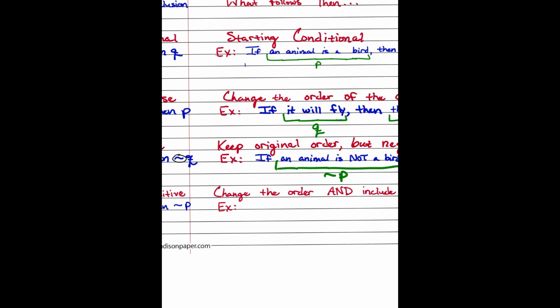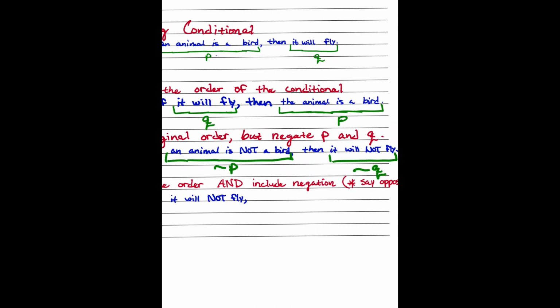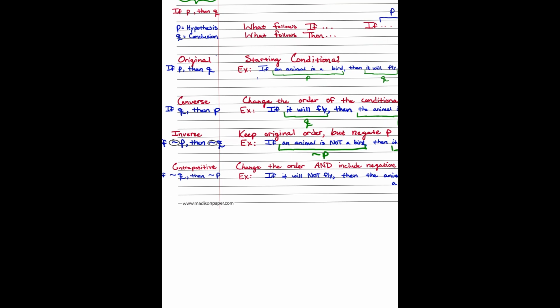Now we're going to flip it and say: if it will not fly, then the animal is not a bird. Okay, so this is just saying the opposite of the converse.